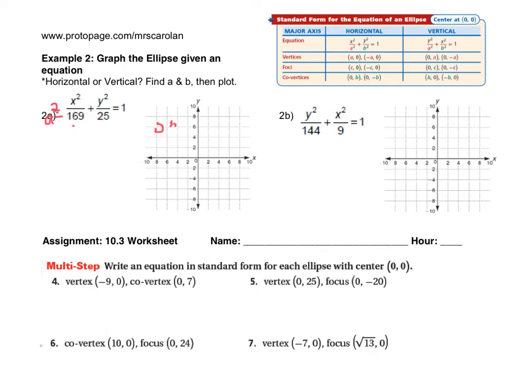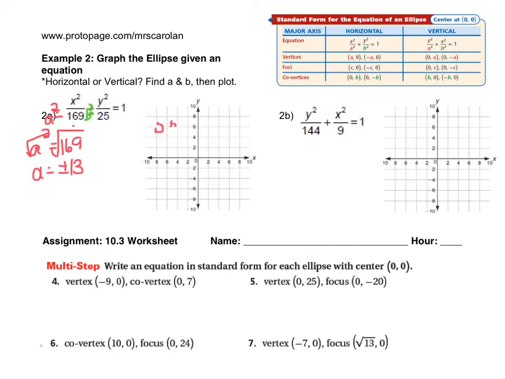And b squared is underneath the y, so I'm going to write b squared right there. And I'm going to solve a squared equals 169. I'll square root both sides and get a equals plus or minus 13.